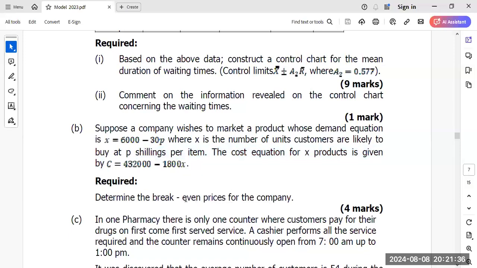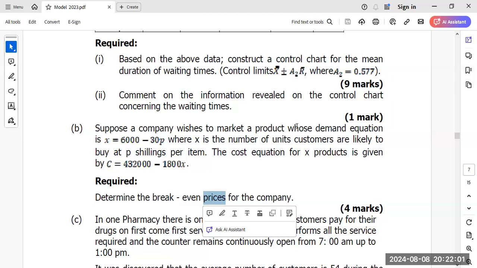Remember, we are trying to find the break-even prices for the company. We must express everything in terms of price. All our functions must be in terms of price.